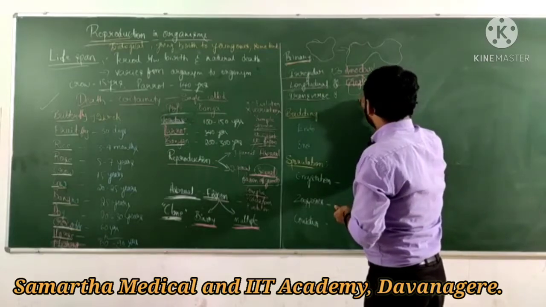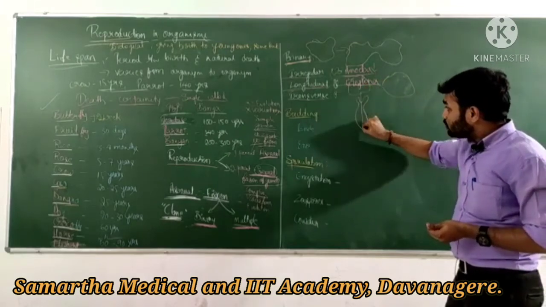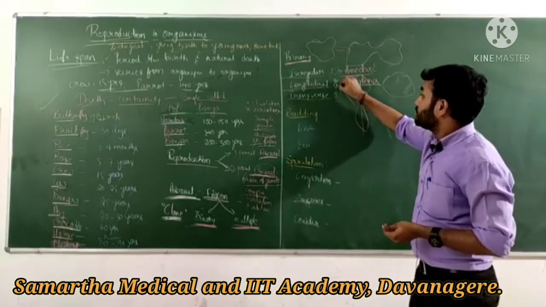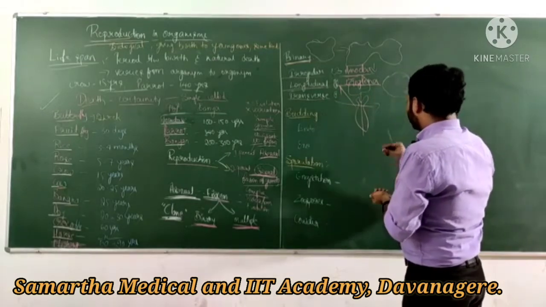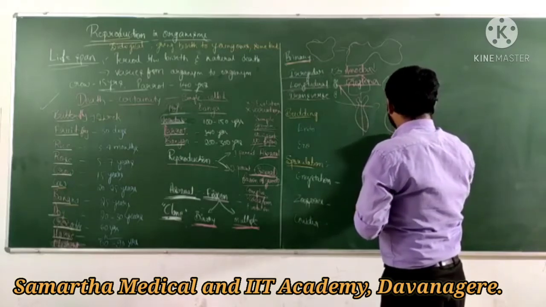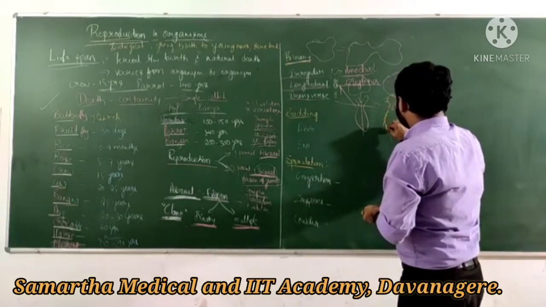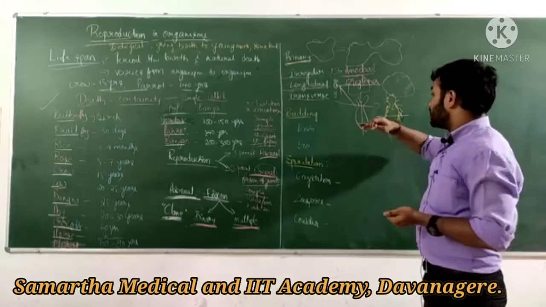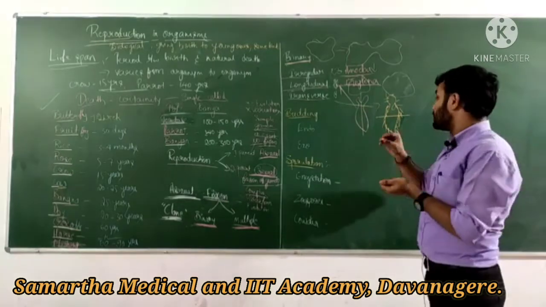Why? How? We see the plane which cuts it lengthwise. That's why longitudinal fission takes place in the euglena. Whereas in paramecium, you can see the horizontal or transverse fission, the plane which cuts horizontally, passing through the central line.